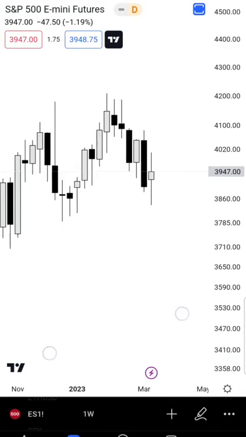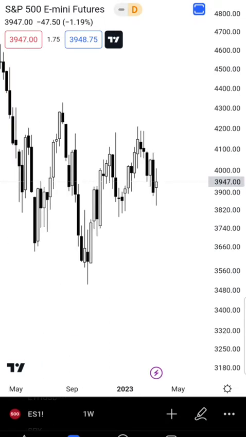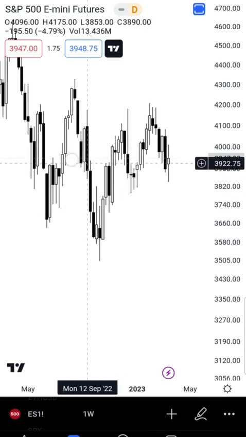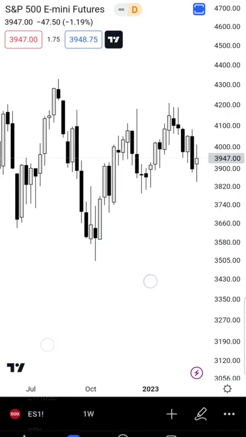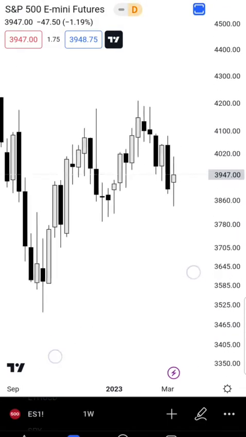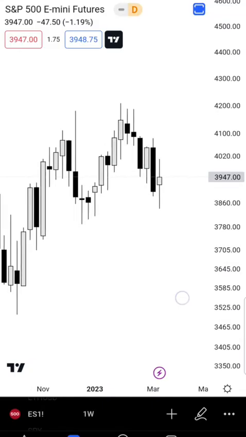So we look at ES. What do you see? Now the fun thing is we're going to ignore all these candles. Most of these candles, they don't matter to us. We're looking at a 20, 40, and 60-day look back. Okay, so that's going to be around 8 weekly candles.